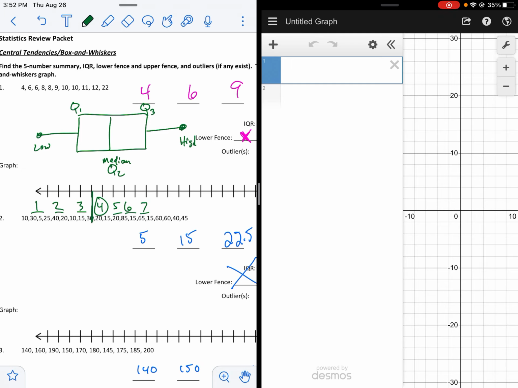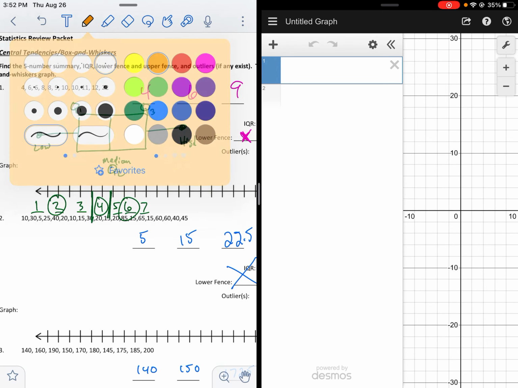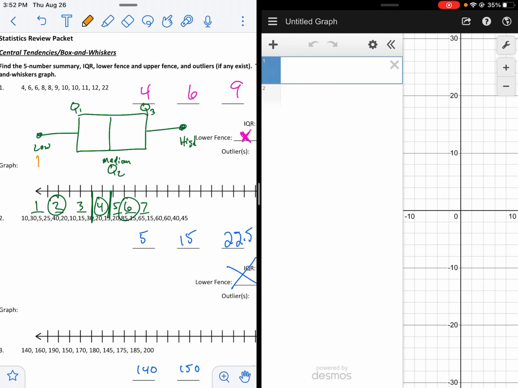Then you find the quartiles: the median of the first half and the median of the second half. Lucky for us, the calculator can do all of this stuff.